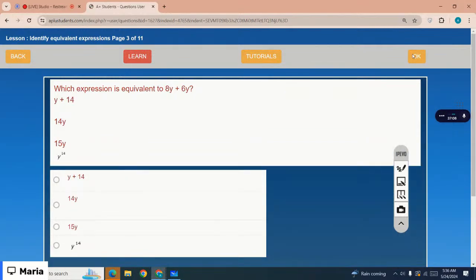Which expression is equivalent to 8y plus 6y? So which is the correct option? Yes, option number 2 is the correct option, 14y.